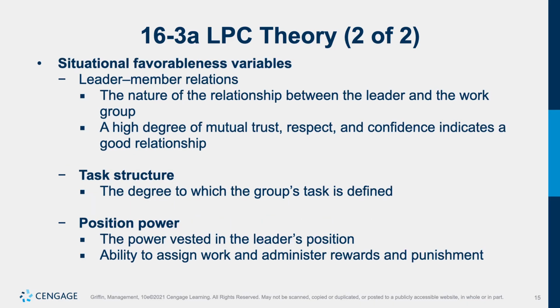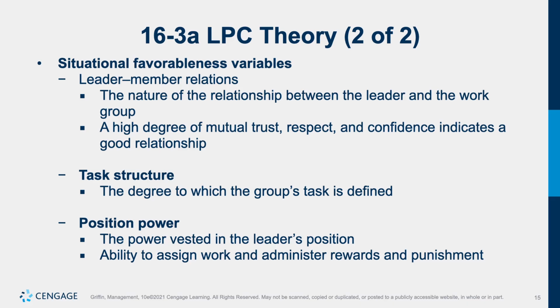Further on the least preferred co-worker theory, we'll be looking at situational favorableness variables. Favorableness of the situation is determined by leader-member relations, the task structure, and the position power.